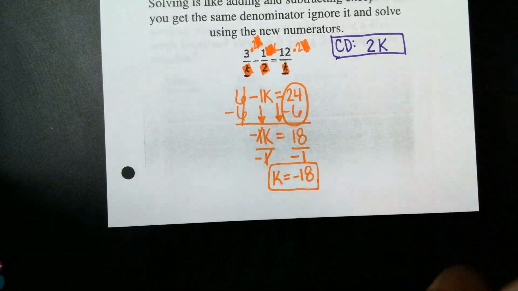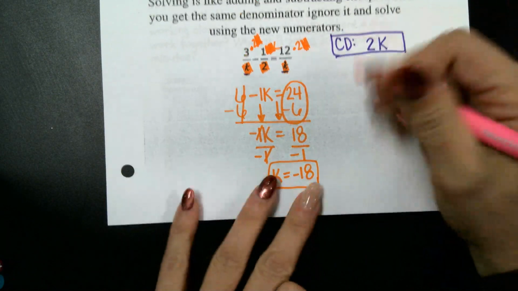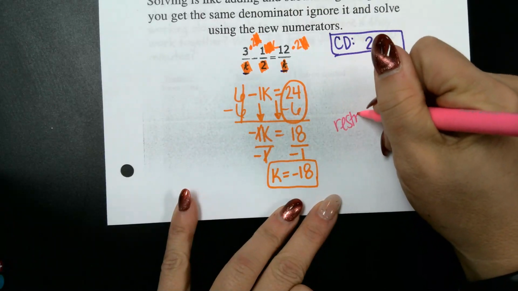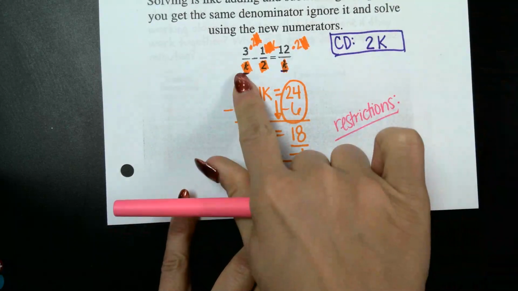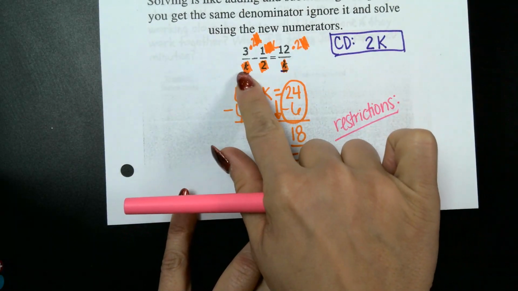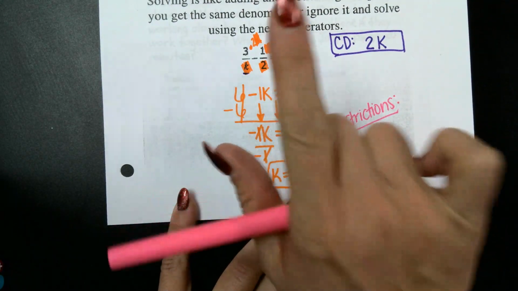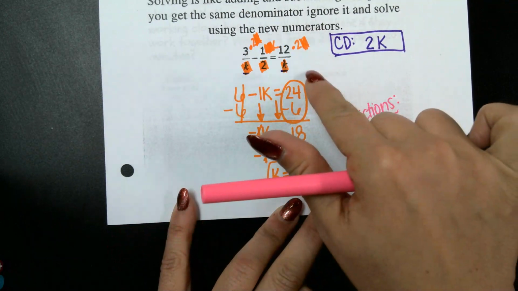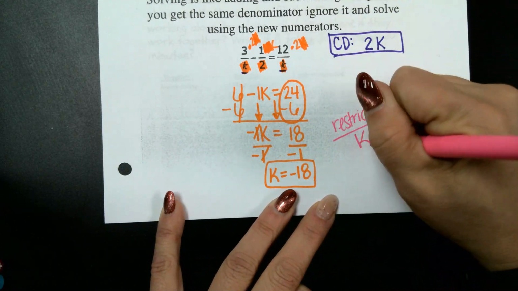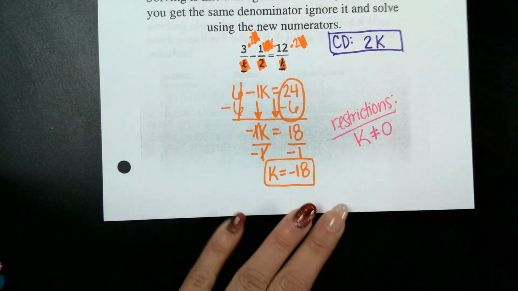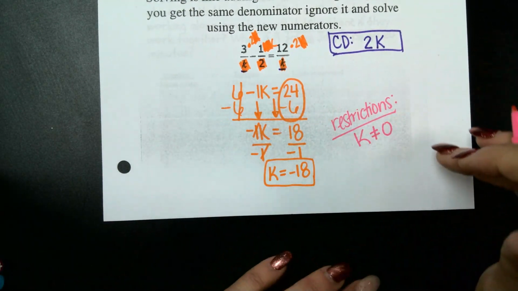Okay, now, before we say that we're done with this problem, we do need to talk about restrictions, because in the original problem, we had a k on the bottom. What's never allowed to be on the bottom of a fraction? What number? Okay, so right off the bat, I should have written down that k is not allowed to be 0.